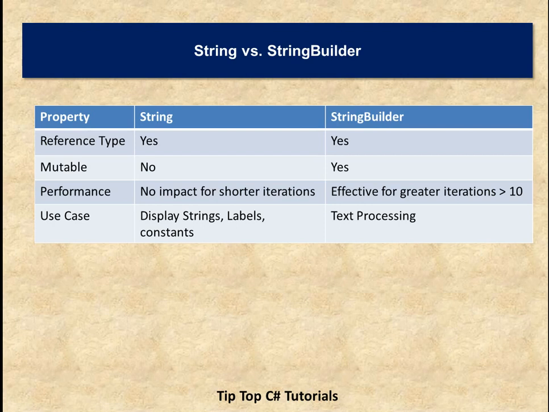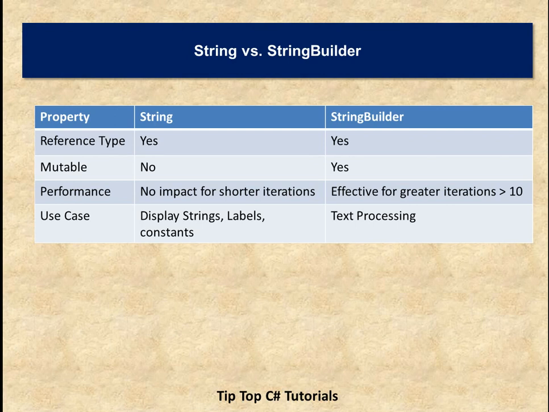Performance: there's no impact for shorter iterations for string. If you have a loop of 10 iterations, it's not a big deal for the string type, whereas StringBuilder is really effective for greater iterations, more than 10, or even hundreds, thousands, or millions. It will not create a lot of memory allocations for each string being concatenated or split.